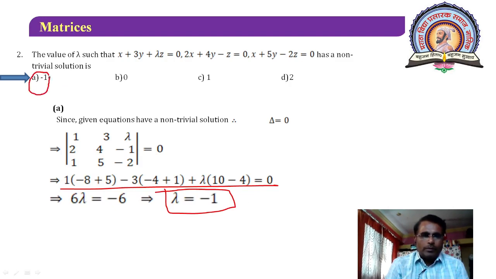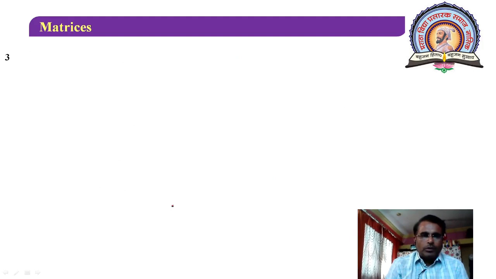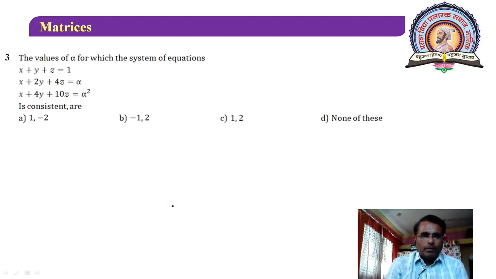If you are expecting a non-trivial solution for this, it means you are expecting the determinant of coefficients to be equal to 0, and with that you get the value of lambda equal to minus 1. Then the next question, the third example: the values of alpha for which the system of equations, now you have 1, alpha, alpha square as the values on the right hand side, the left hand side is as usual.